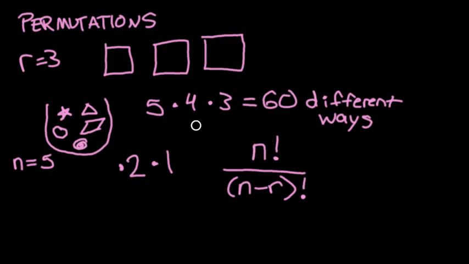Originally we had 5 factorial, which was 120, and now we're dividing by n minus r factorial, which is 5 minus 3, which is 2. 2 factorial is 2 times 1, and look at that. That's exactly what's missing. So we're just dividing out the extra ways that the other 2 spots would have provided.